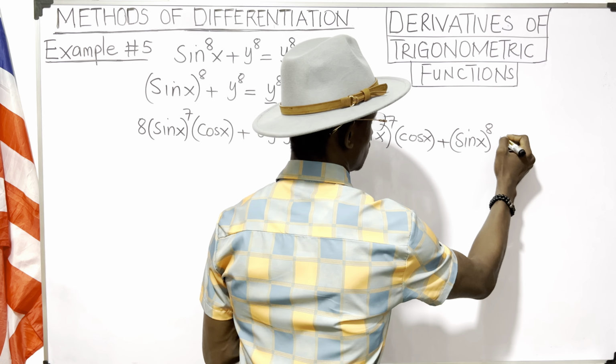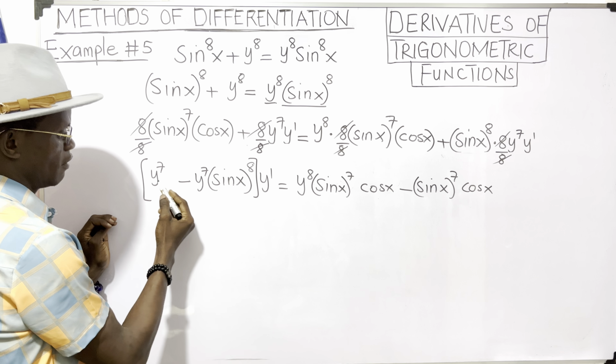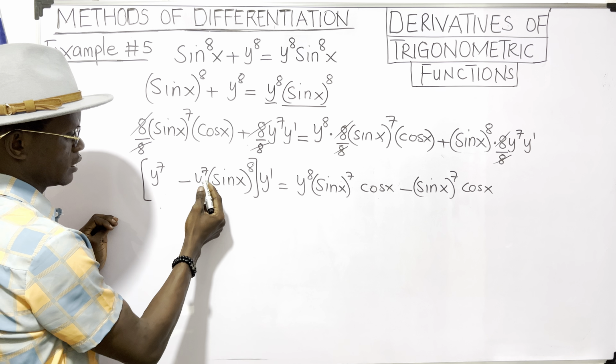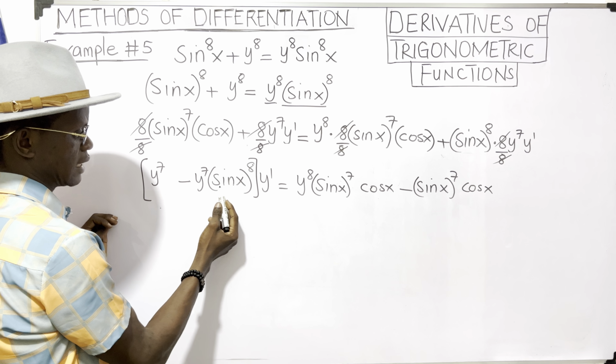So what do we do? We can factor out y prime. So if we factor out y prime, we just have y to the 7th power minus y to the 7th power sine of x all raised to the 8th power. So we divide both sides now by this expression.